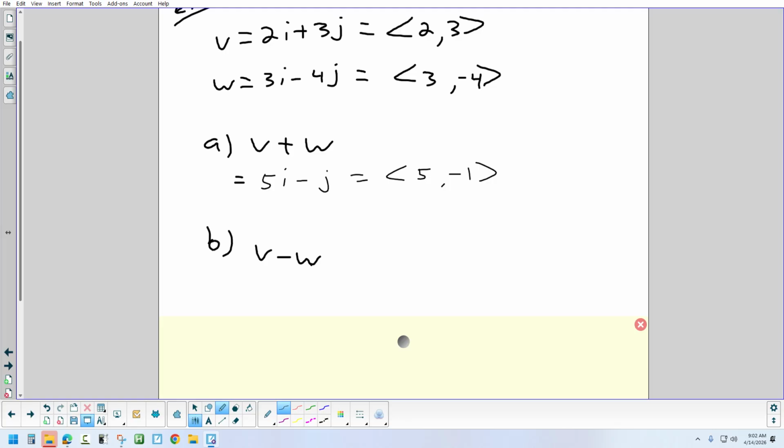Negative 1i plus 7j. Yep. So that's 2 minus 3, negative 1i. And then the j is 3 minus negative 4. So plus 7j.